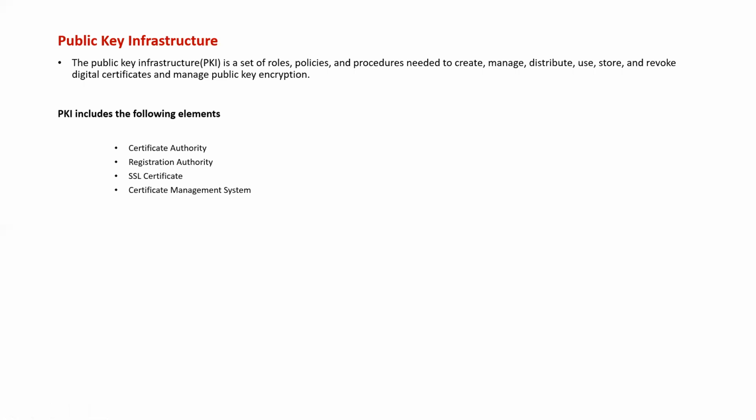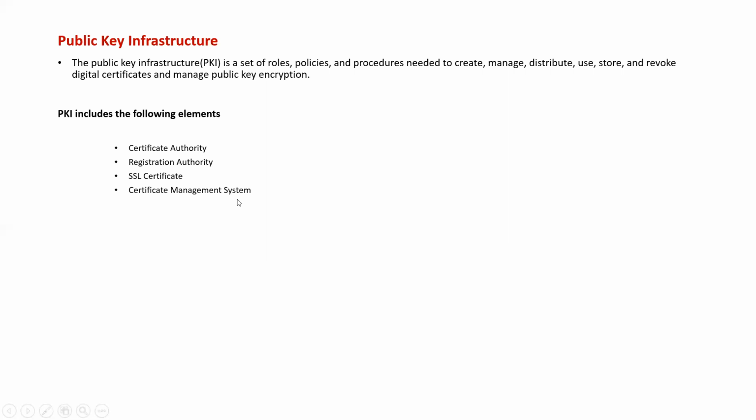This authenticates the identity of individuals, computers, and other entities involved in the request when you send a request from the web client to the web server. Then there is the registration authority, which is subordinate to the certificate authority and issues certificates on behalf of a root certificate authority for specific uses.